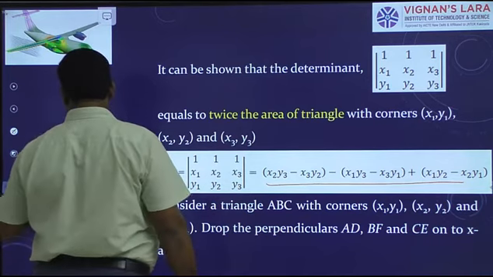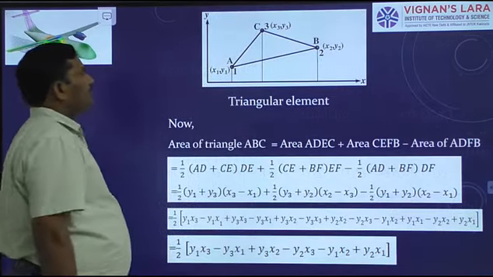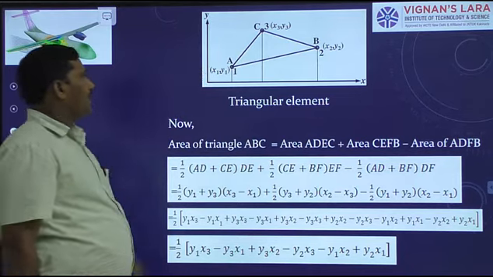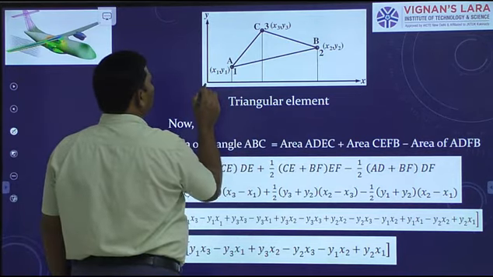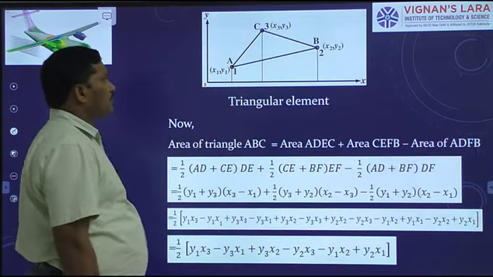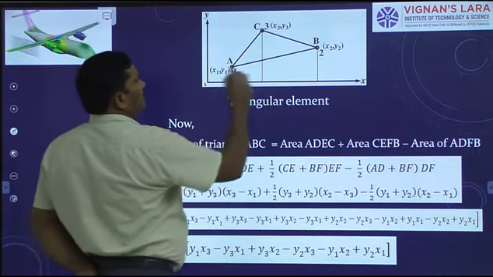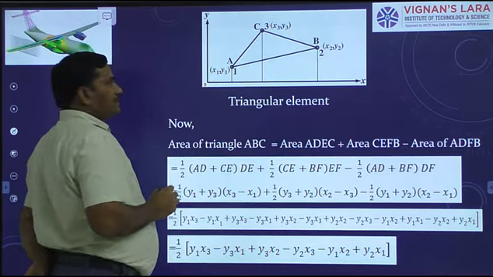Next, we take the same triangle. OXY, as we know, is the reference frame. So this is the three-noded triangle considered.